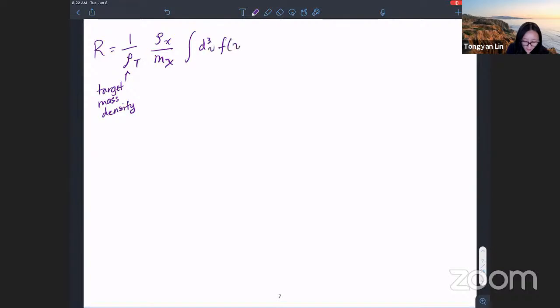As before, we have the dark matter velocity distribution in our halo, and some fiducial cross-section. This is the reduced mass of the dark matter, either with the electron or the nucleon. So we always typically put our overall form factors here.